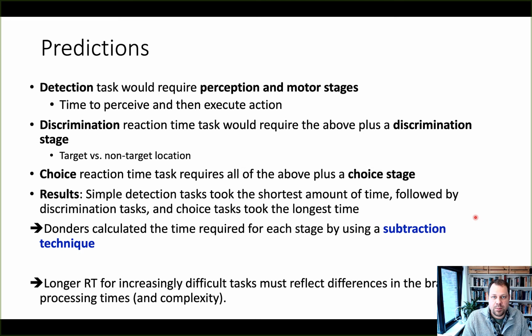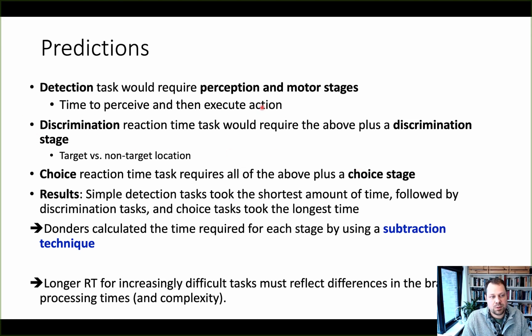So this is kind of a neat technique, and it's actually a technique that we use in fMRI. So we make the distinction between a, let's say, treatment condition and a control condition, and then we use the subtractive method to subtract out all of the activation that's involved in the control condition from the treatment condition, which has basically all of the same requirements except for this one additional stage, let's say a choice stage.